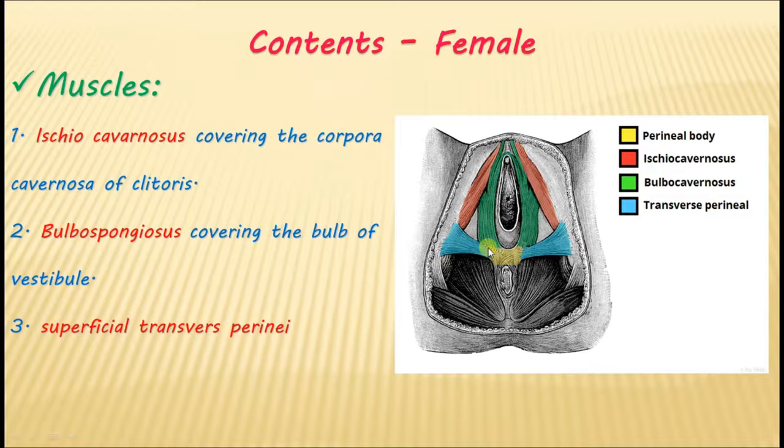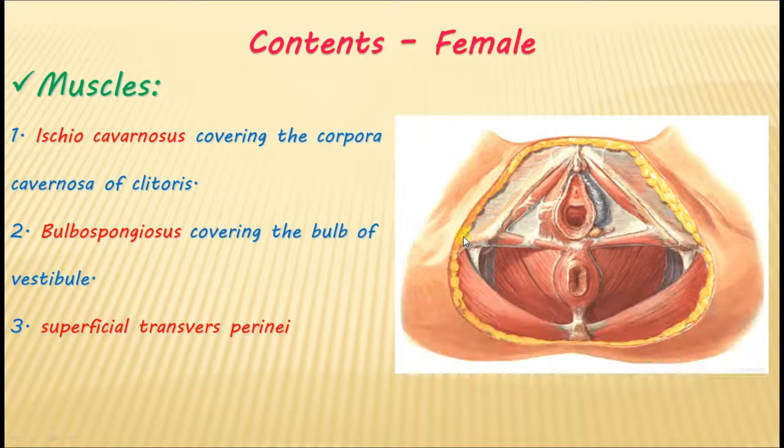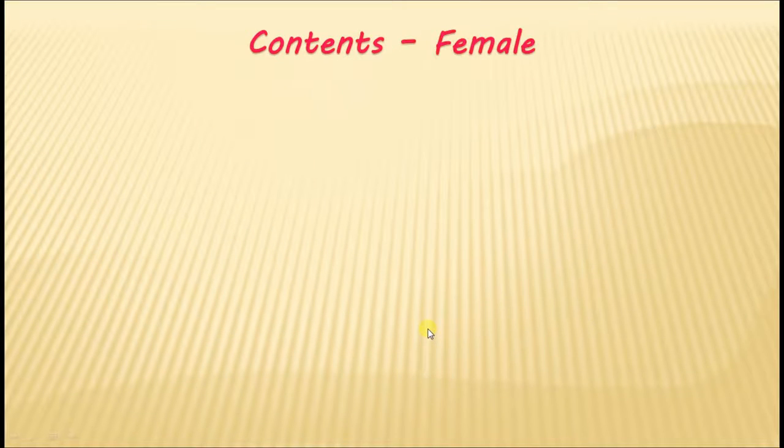And then you have the superficial transverse perineal muscle, which runs from the ramus of the ischium to the perineal body. It stabilizes the perineal body. This is the ischiocavernosus, the bulbospongiosus, and the superficial transverse perineal. They are all supplied by the muscular branches of the perineal branch, S4 nerve.